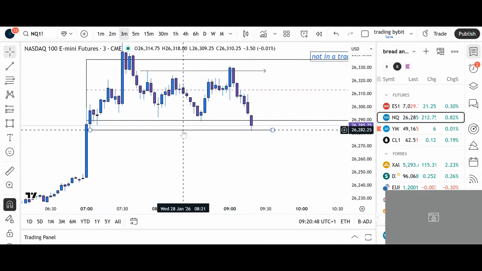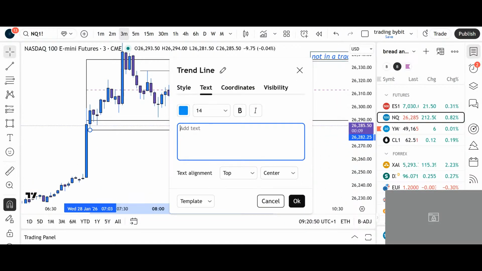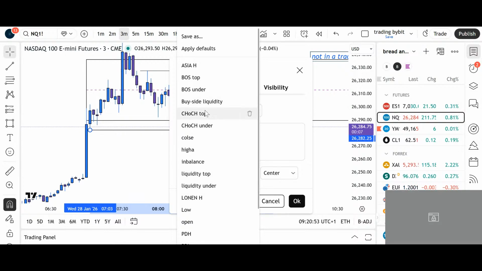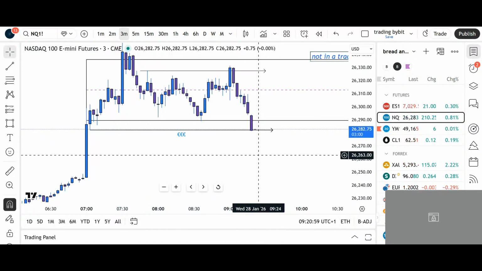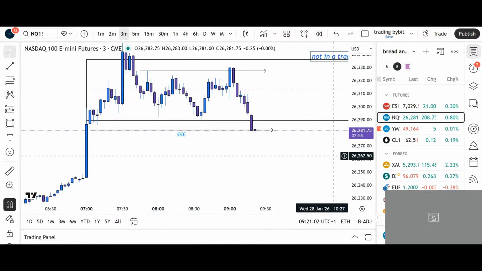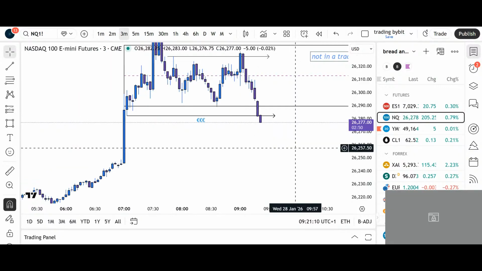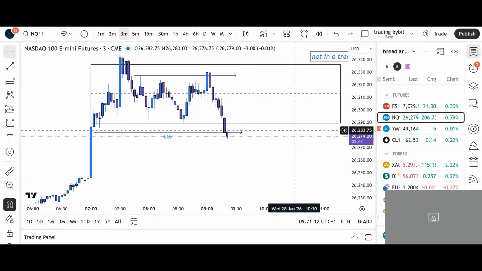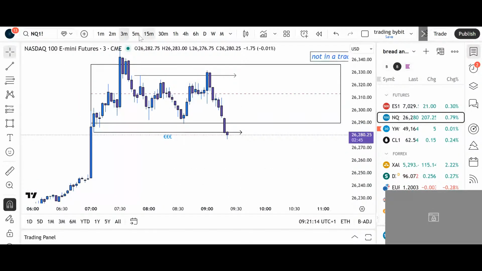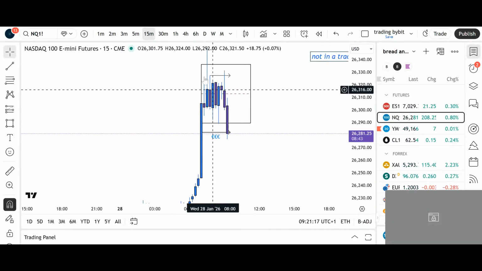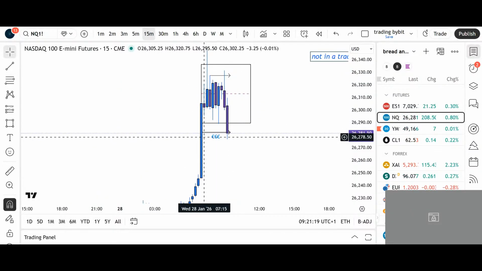So we're now taking internal liquidity, all the internal liquidity that we have. The good thing is now that in this 15 minutes, we took the upper liquidity and the lower part of the liquidity.